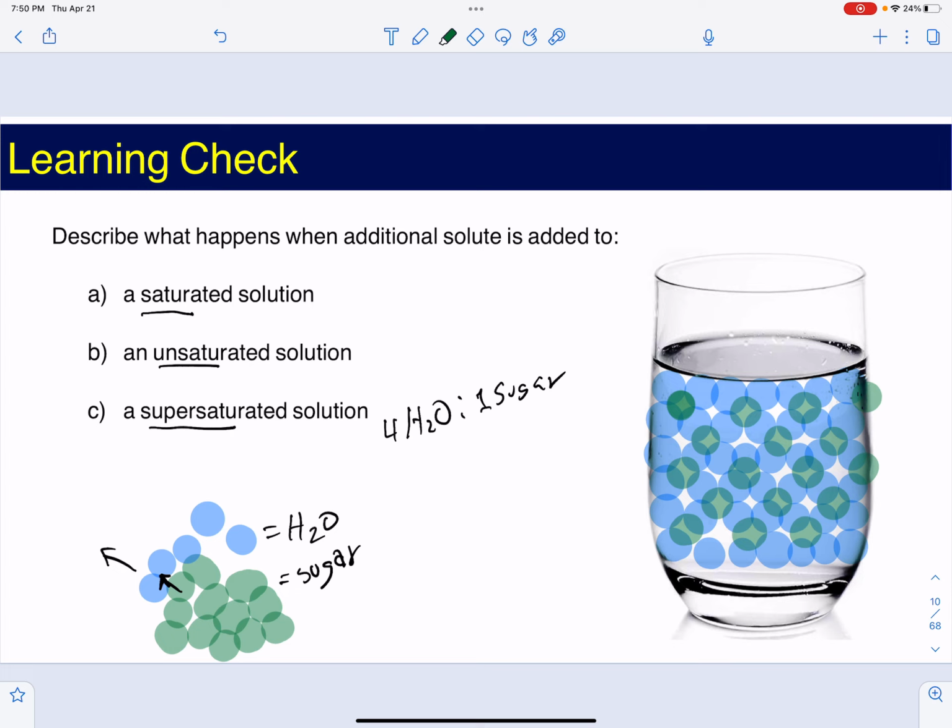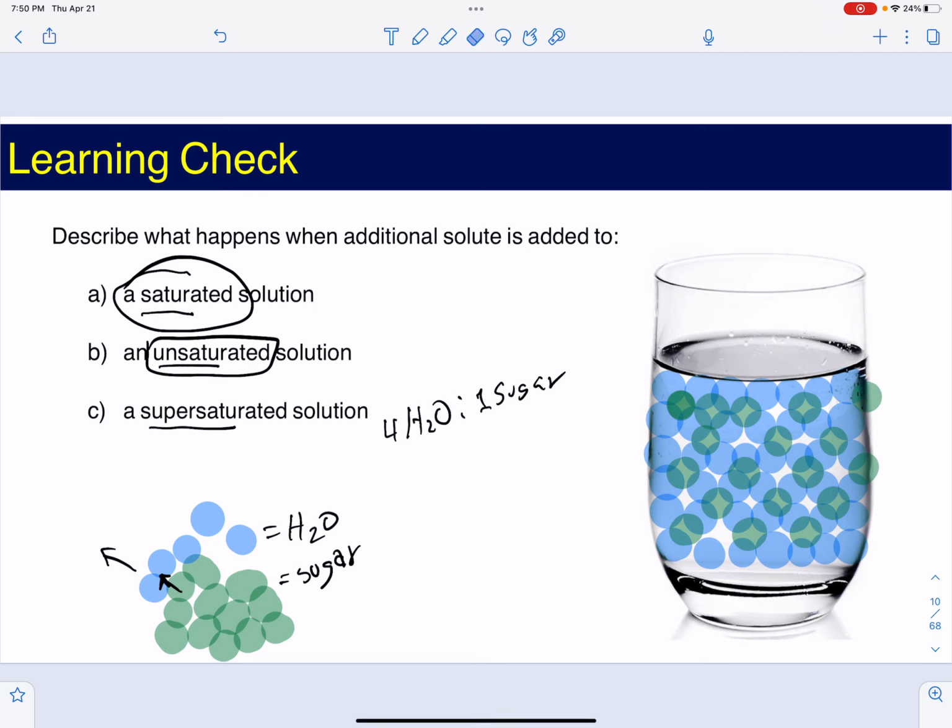When every single molecule of water is busy, we said that this is a saturated solution, because every single molecule of water is being used to encase the sugar in this case. So what would be an unsaturated solution?